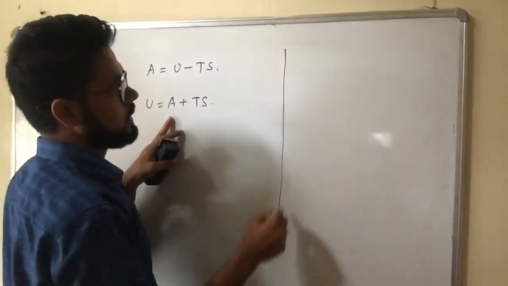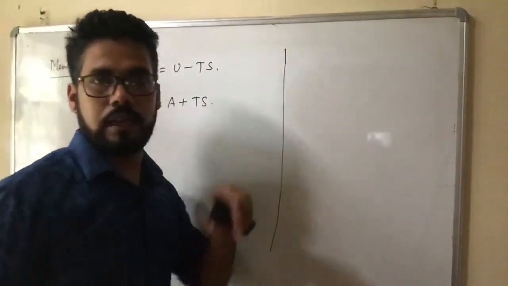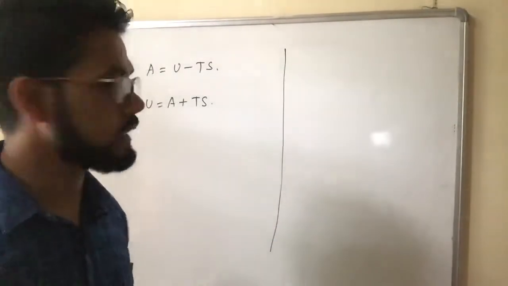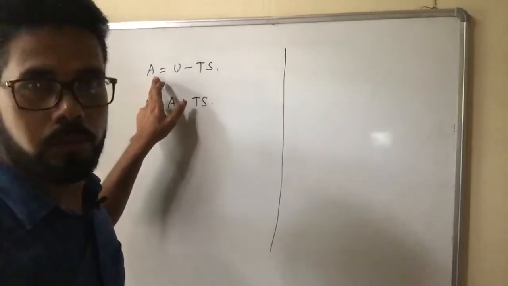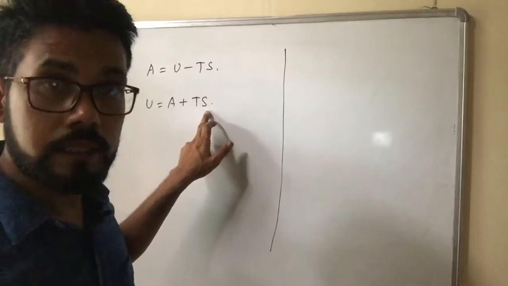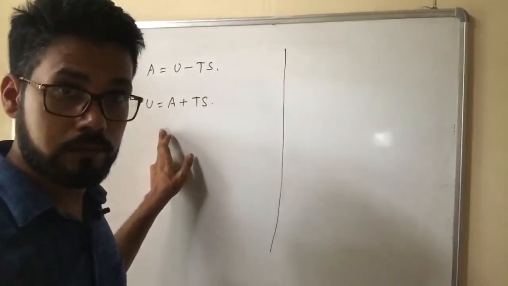Suppose in the exam the free energy is given but the entropy is not given. In that case, to calculate mean energy, first you have to calculate entropy from the free energy, and then the total energy.